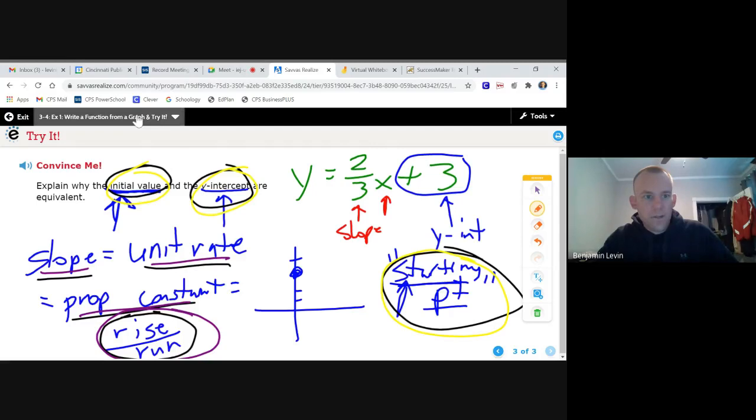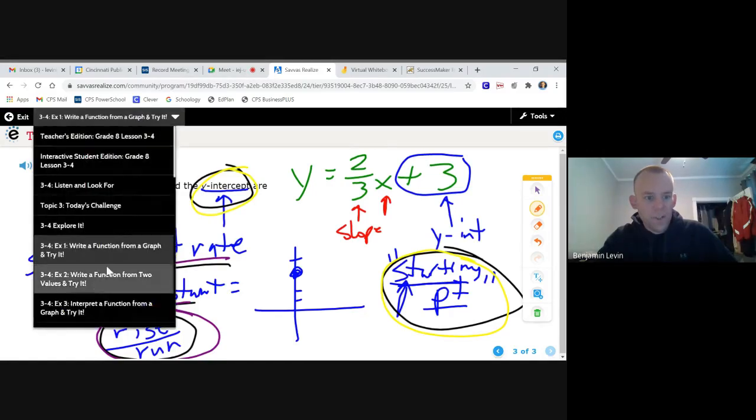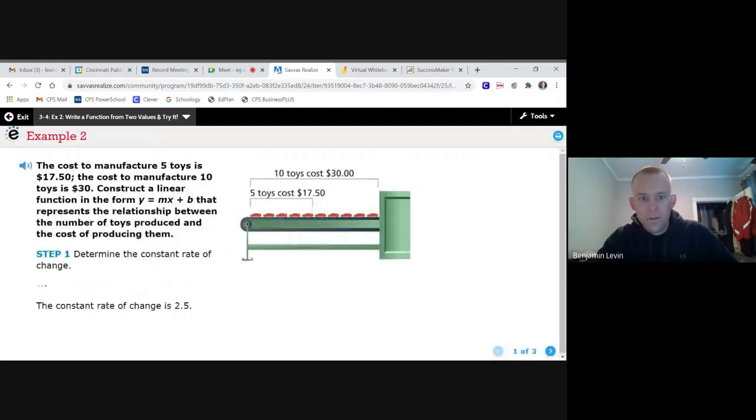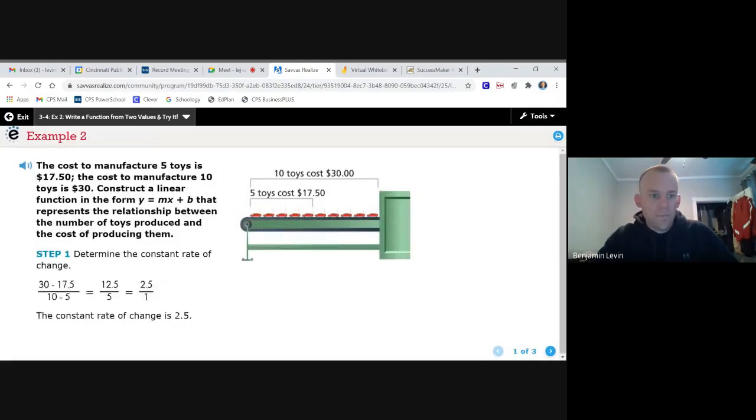All right, let's go to example 2. Write a function from 2 values and try it. The cost to manufacture 5 toys is $17.50. The cost to manufacture 10 toys is $30.